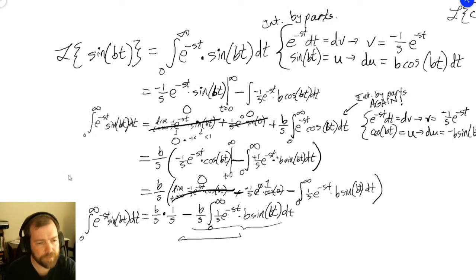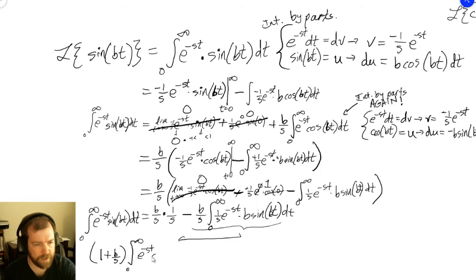Okay. So this is now one of these integrals, and this is adding another b over s to this integral. So this is 1 plus b over s times the integral from 0 to infinity of e to the negative st sine of bt dt equals b over s squared.